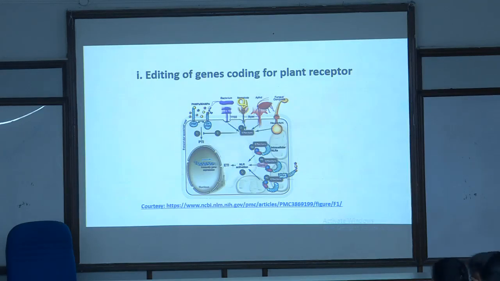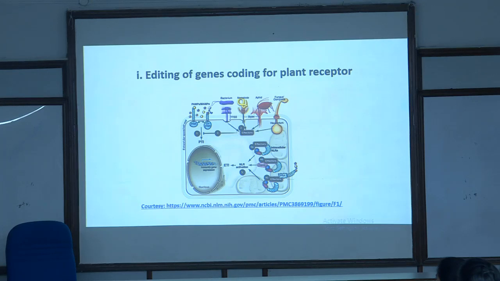So the editing of genes coding for plant receptors. When I was reading this, my mind was going in different directions. Direction one, is it really feasible? If you do that, what are all the consequences? Let us have some discussion here. This I have borrowed from one famous paper that appeared in Current Opinion in Plant Biology.